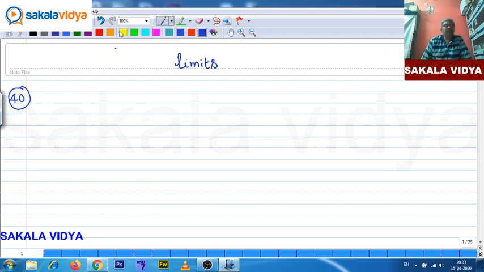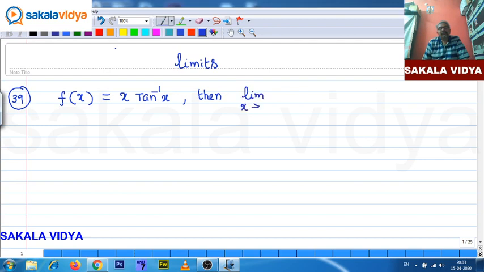Right, 39th problem. f of x equals x tan inverse x, that means x multiplied by tan inverse x. Then limit x tends to 1, f of x minus f of 1 upon x minus 1.